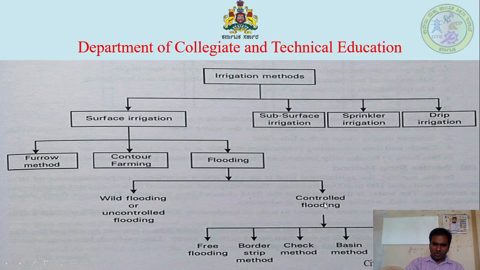Controlled flooding irrigation can be further divided into free flooding, border strip flooding method, check method, basin method, contour laterals and zigzag methods.